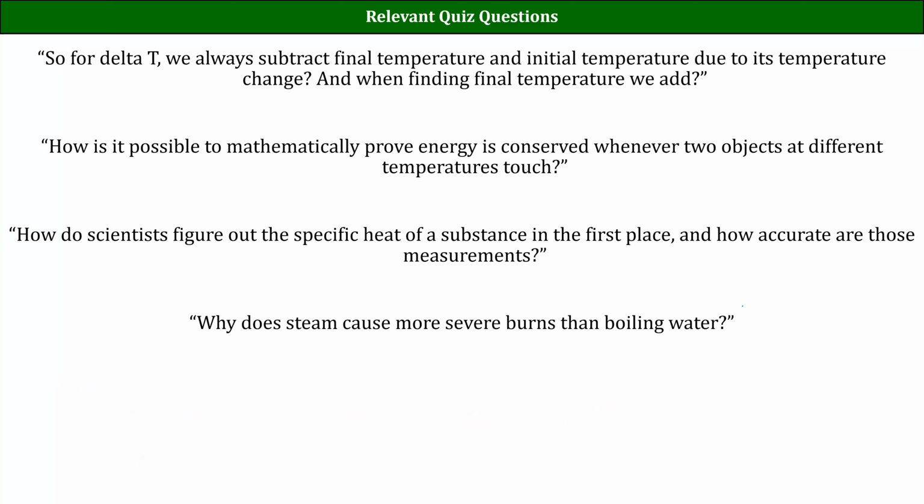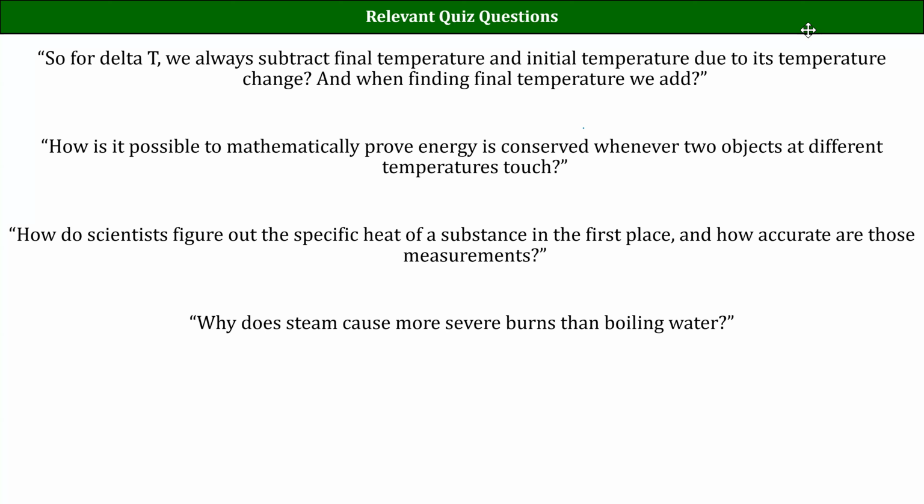All right. More relevant question. Now that we spent 45 minutes calming you all down about the test a little bit, let's talk more about energy. Somebody asked about why, when we do delta T, we always subtract final temperature and initial temperature to get temperature change.